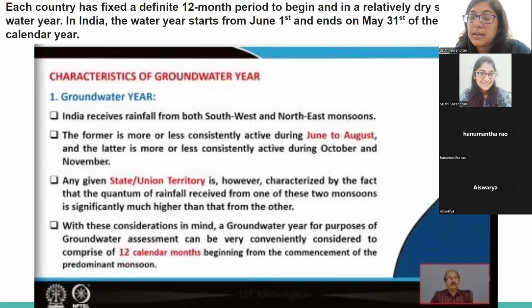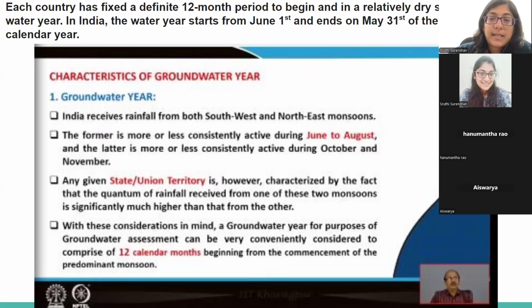The water year in our country starts from June 1st and runs till May 31st of the next year, because June is the month during which the monsoon starts. So when we talk about rainfall per year, it is not from January till December, but instead from June 1st to the next June 1st.